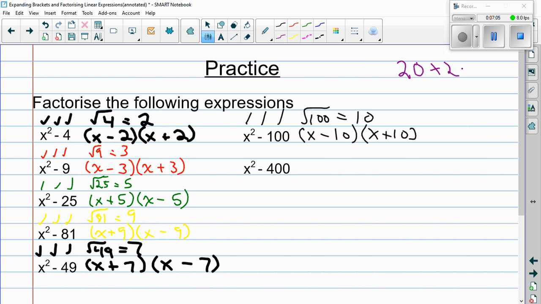Well, 20 times 20 is 400. Or you can always check on a calculator the square root of 400 and find that it's 20. But if you're in a non-calculator paper, or you're just working this out by hand, that's how you would do it. So down here, we are simply just going to get x minus 20 and x plus 20.